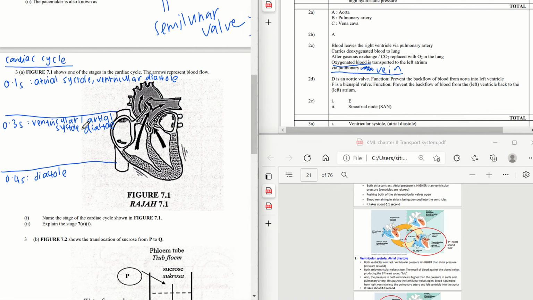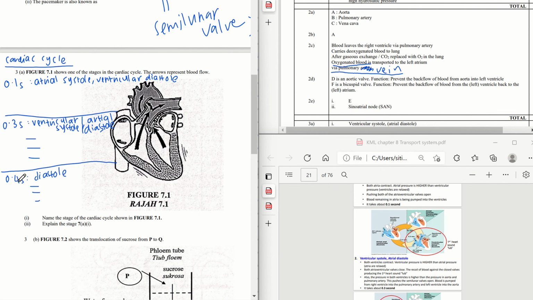Okay, so ventricle systole, atria diastole. Okay, so nama stage itu adalah ventricular systole and atrial diastole. Nama stage. Okay, so what happened masa stage ni? Masa stage ni ventricle contract. Okay, itulah when you want to explain what happened. Okay, so ini adalah explanation dia.